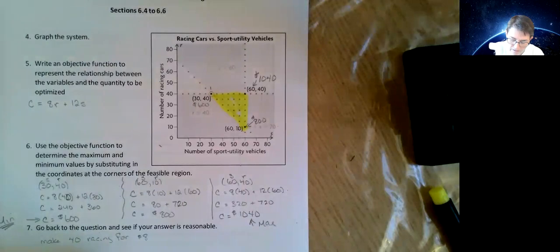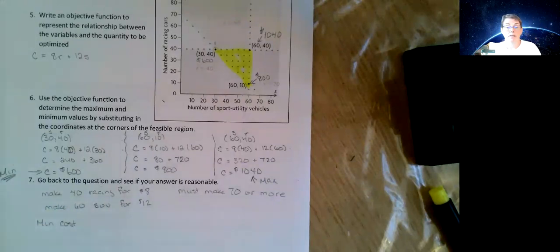I'm going to make up to 60 SUVs for $12. And basically we must make 70 or more. Right? That's just from the question.